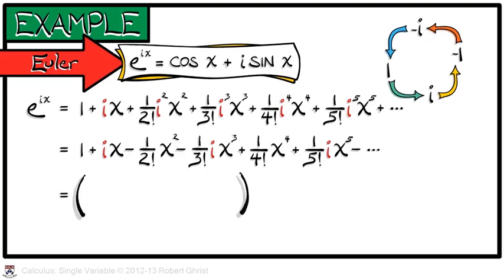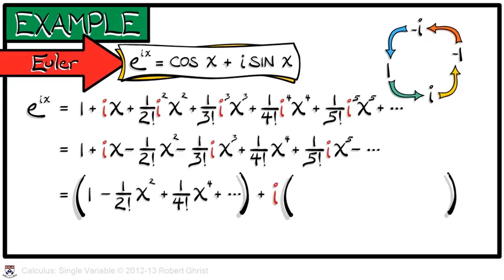Now, if we were to do what we do when we work with complex numbers and collect all of the real terms into one part and all of the imaginary terms into the other, then what would we obtain? Well, the real portion of this expression is 1 minus x squared over 2 factorial plus x to the 4th over 4 factorial, etc., with the signs alternating and with even powers of x.